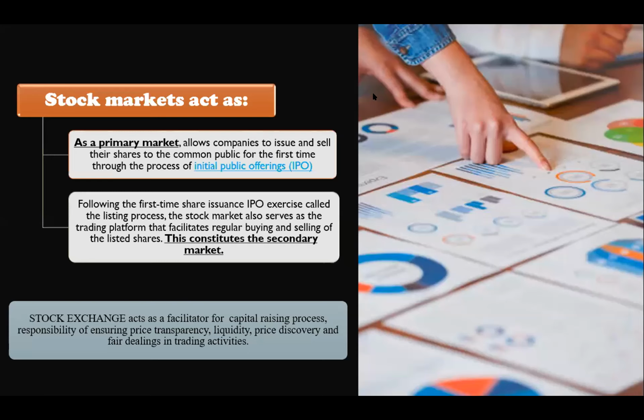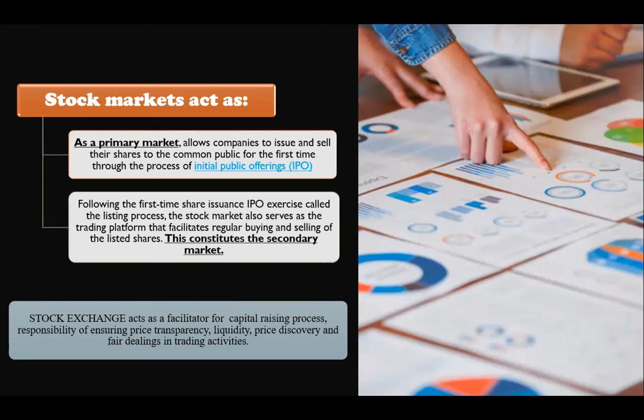To continue about the stock market, the stock market acts as a primary market and a secondary market. In the primary market, it allows companies to issue and sell their shares to the common public for the first time through the process of initial public offerings or the IPO.